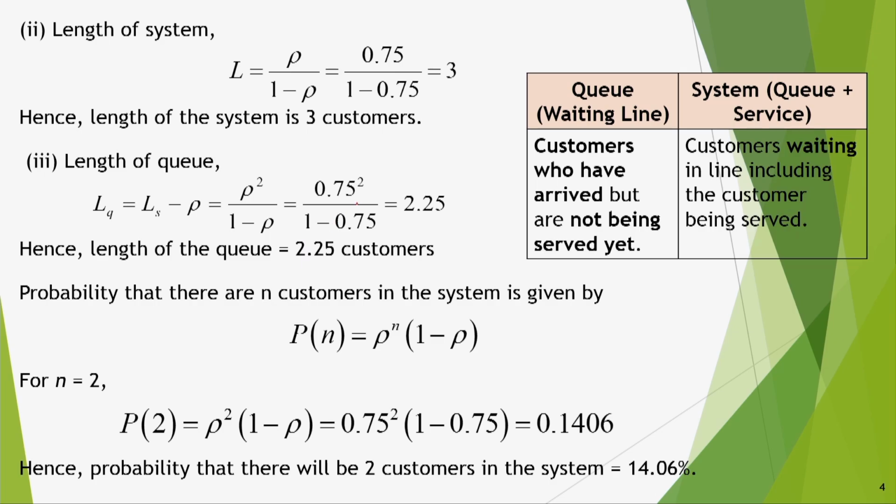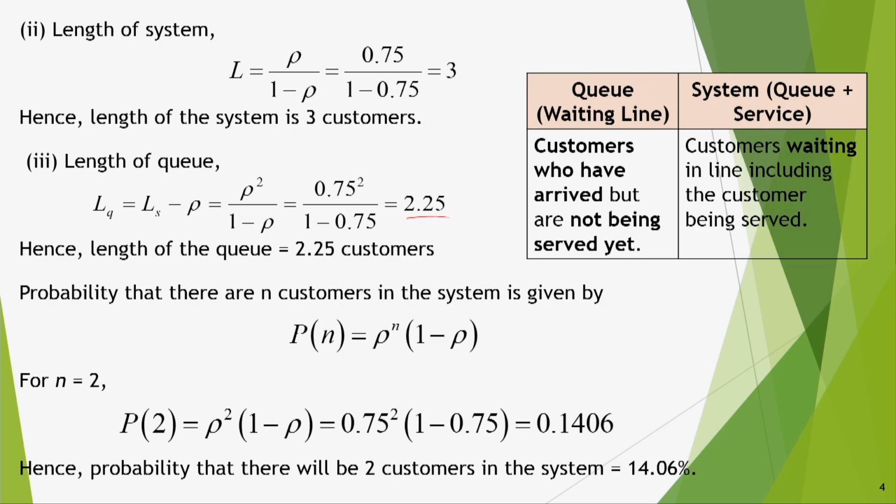This comes out to be 0.75 square divided by 1 minus 0.75, so you get 2.25 customers on an average. Although customers cannot be in fractions, on an average this will come. Hence the length of the queue is 2.25 customers.